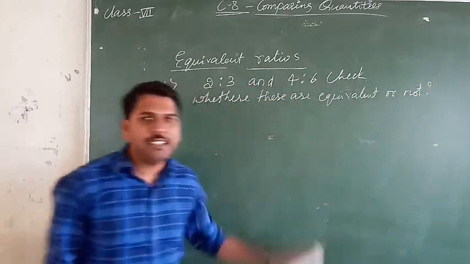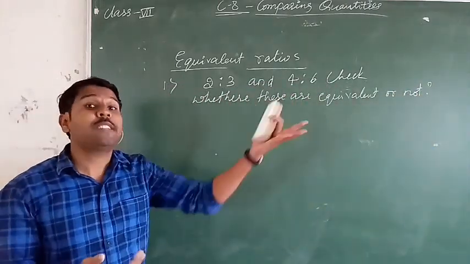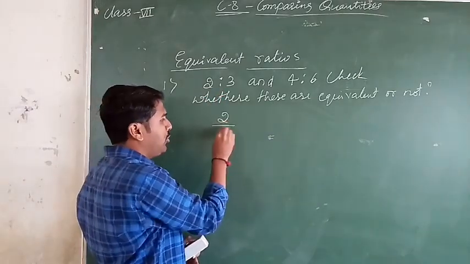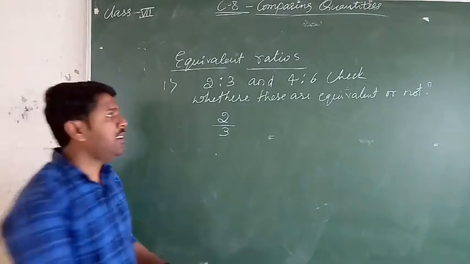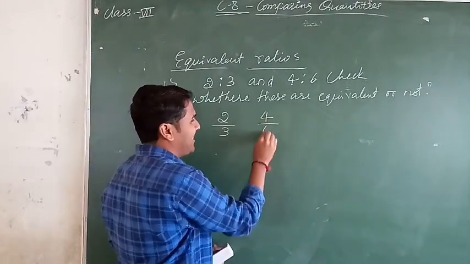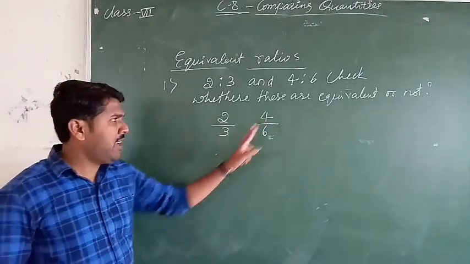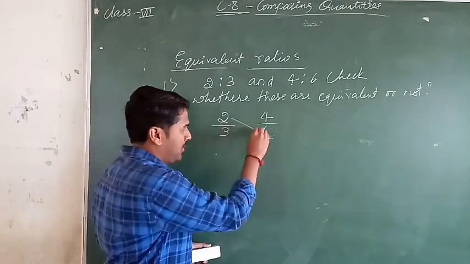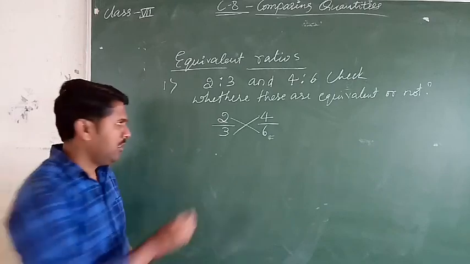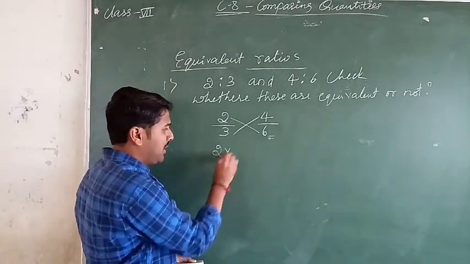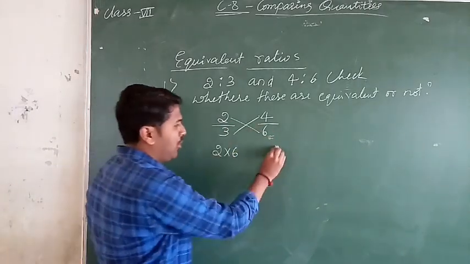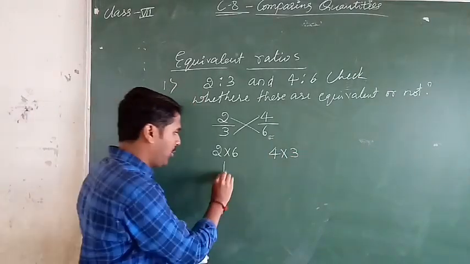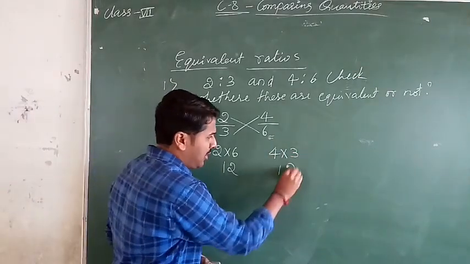We already studied equivalent ratios in 5th standard. So how to check this one? This one is 2/3 and 4/6. Just cross multiply. 2 into 6, and 4 into 3. What is your answer? 2 sixes are 12, 4 threes are 12.